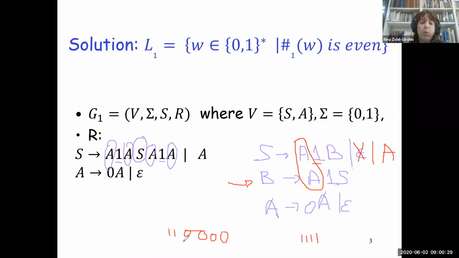Or if I have word ending with 0, once again, I can use S. I can jump to A, and then from A, I can derive as many zeros as I want.